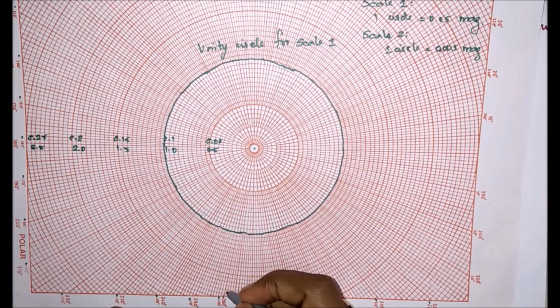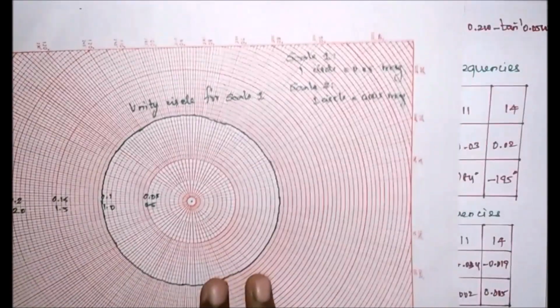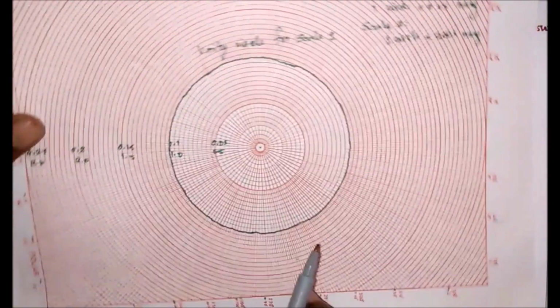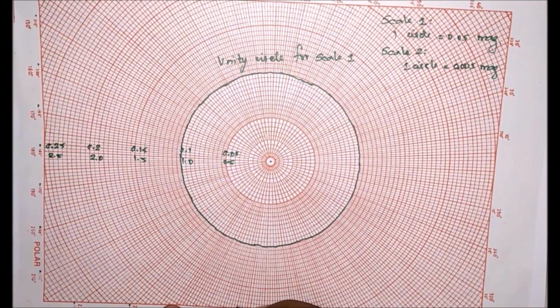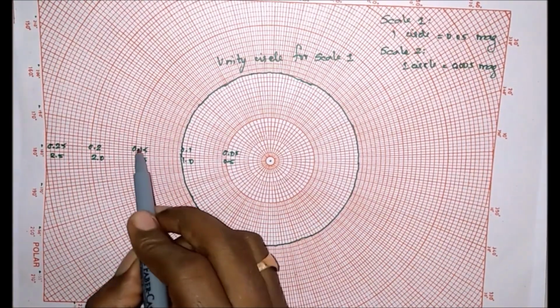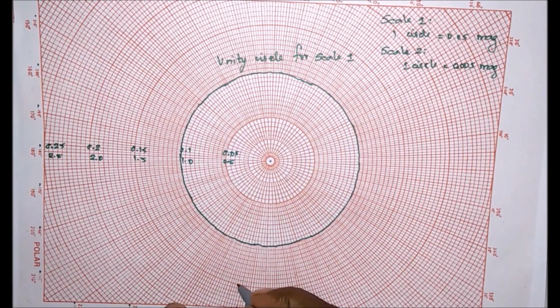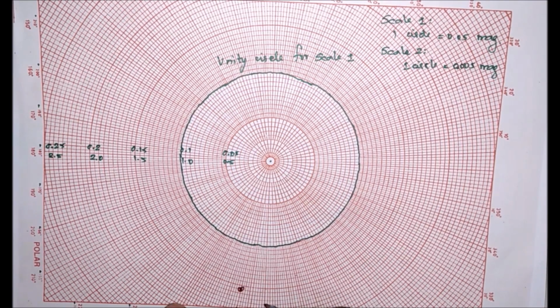Therefore for 98, the corresponding magnitude equals 1.65. 1.65 is, this is 1, 1.5. So 1.5, then this will be 1.6. Therefore this is the corresponding point.